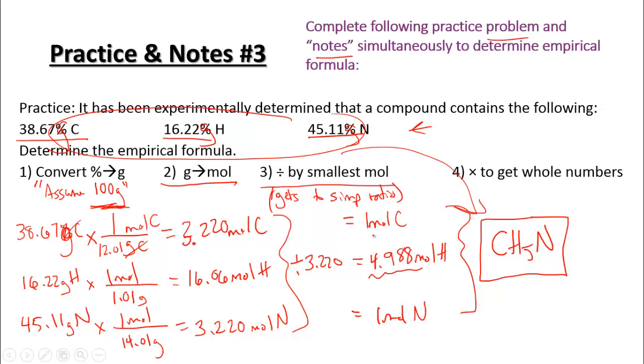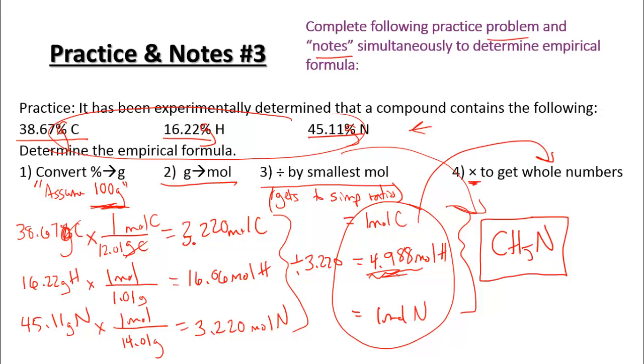Now let's just say these numbers here did not come out to whole numbers. So what you want to do then is multiply all of them by some number to turn them into whole numbers. So I said this earlier was close up to 5, we can round it to it. Whenever these numbers come out to really close to a half, let's say they've been like 4.5, how do we make halves become whole? You multiply them by 2.